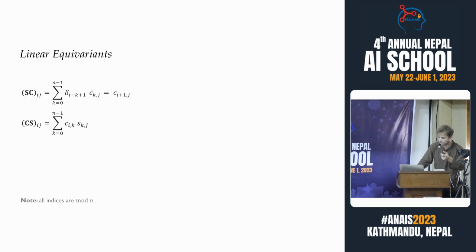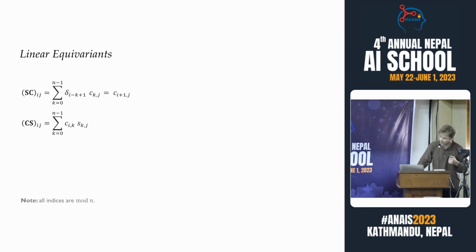And so what we're going to do is to write down a description of SC. So S times C at index ij is going to be equal to this complicated term, which is equal to this complicated term. But at the very right, you can see that what pops out is just one parameter. Okay, so you started with n squared parameters, and the value of the product is one of these parameters.